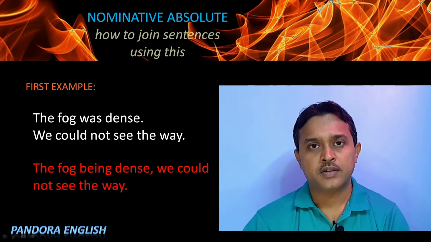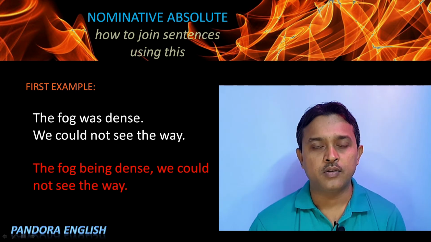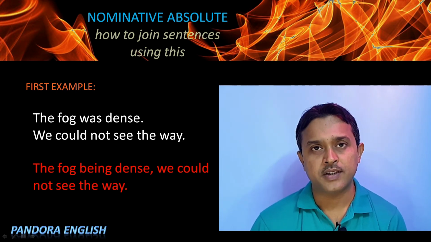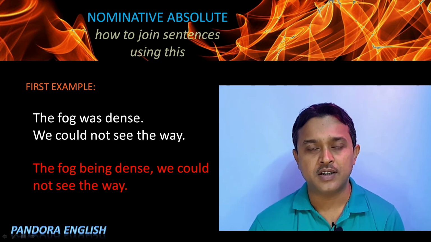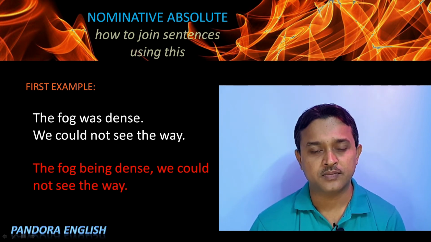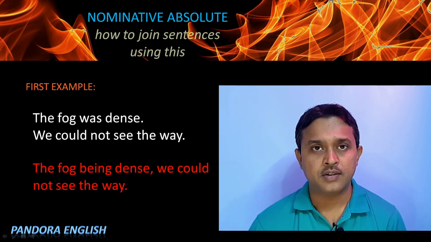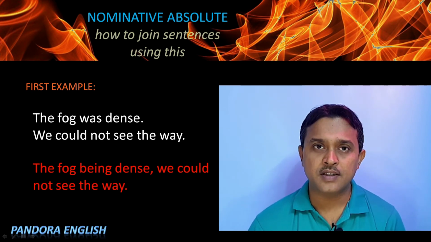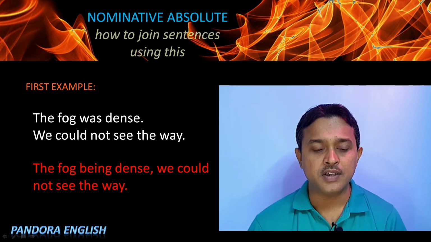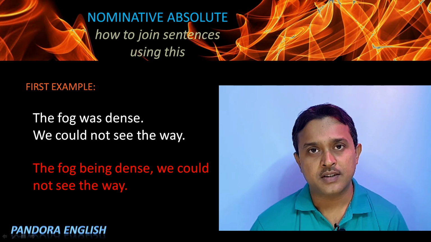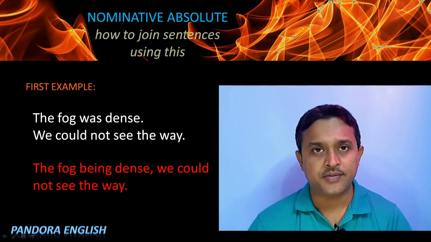Now let us try to understand how to join two simple sentences into a single one by using nominative construction. Here two sentences are given. The fog was dense and we could not see the way. In these two sentences, the subjects are completely different, the fog and we.